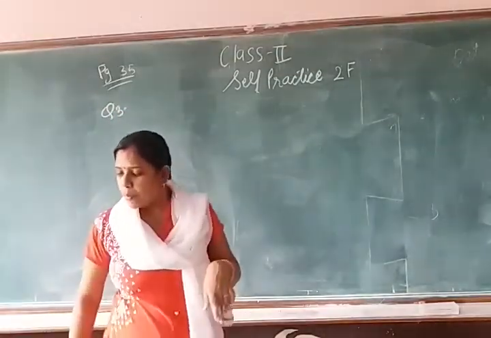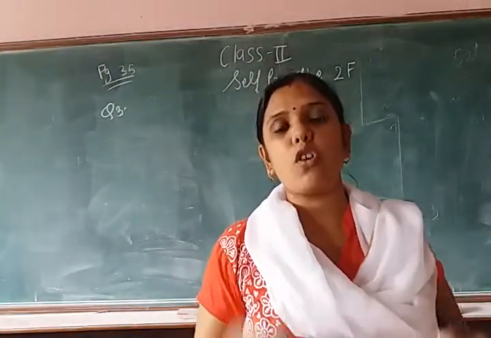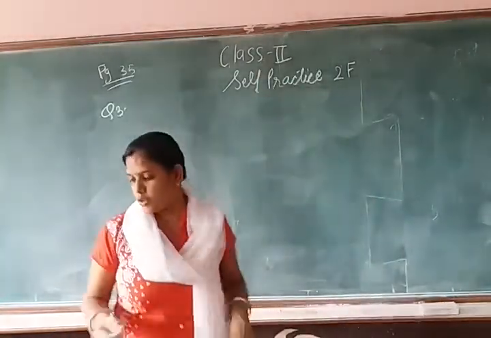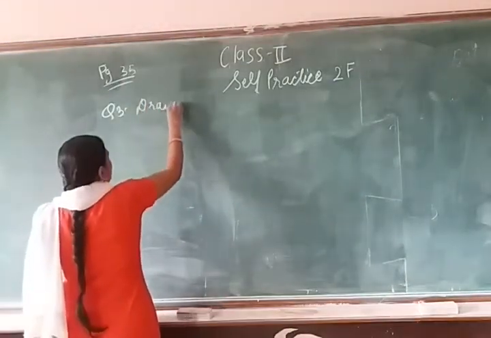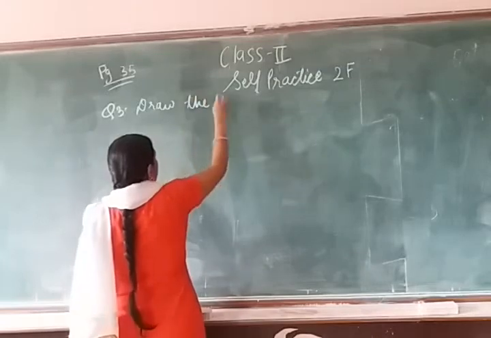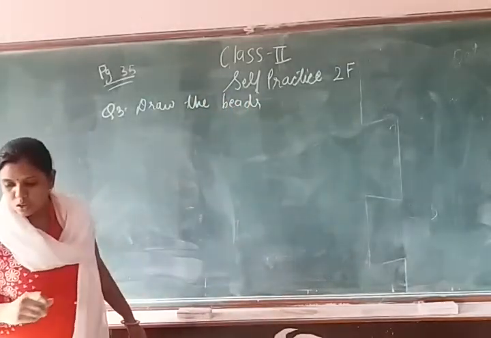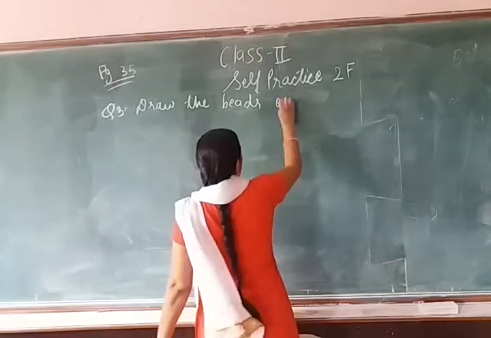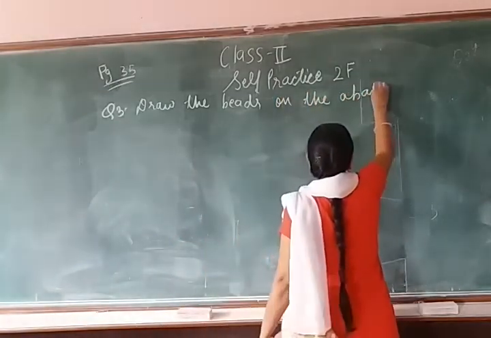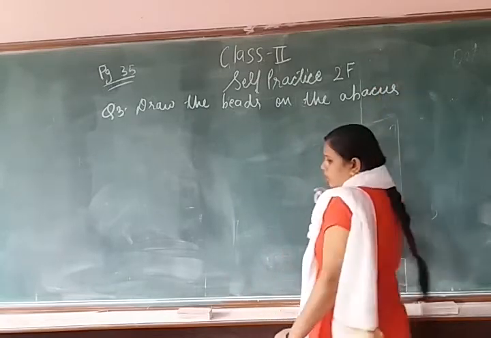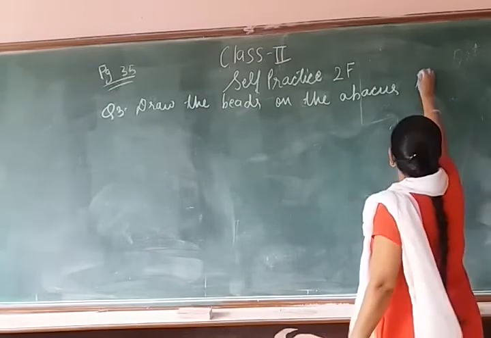Draw the beads on the abacus for the following numbers. Number is given and you have to now draw the beads on the abacus. So write the question. Draw the beads on the abacus for the following numbers.